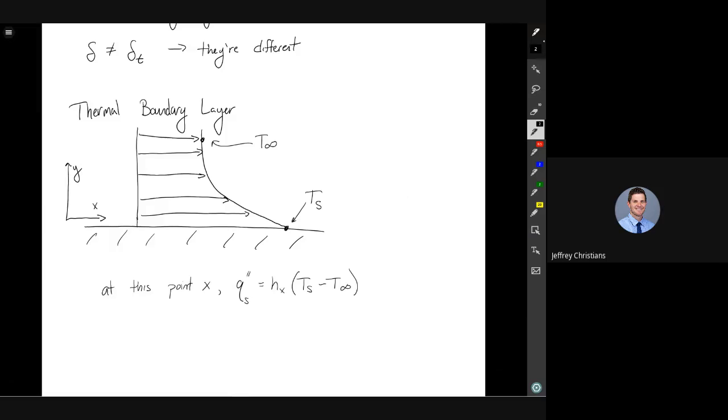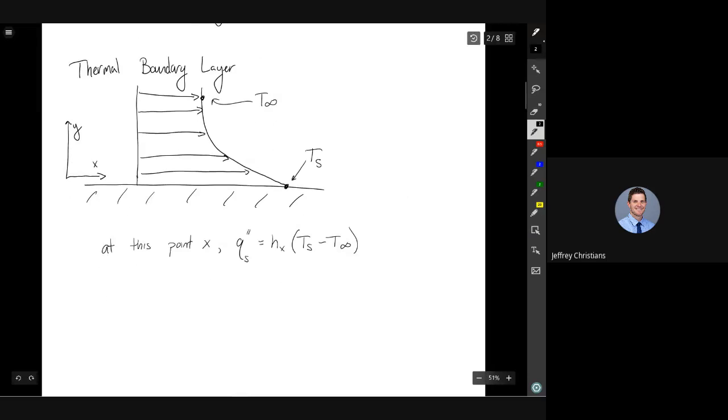The normal equation. What we're trying to do is find what is H at this point. Okay, any ideas for how we could approach that?